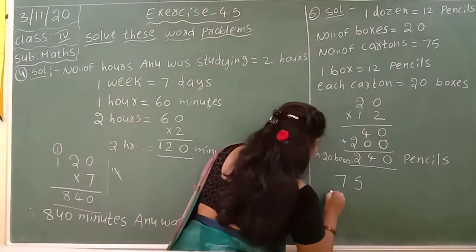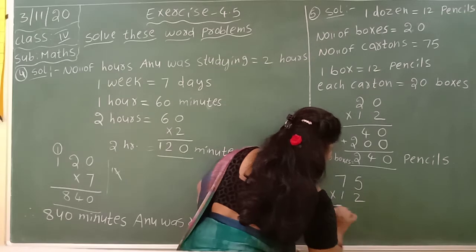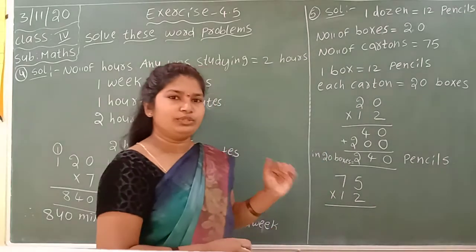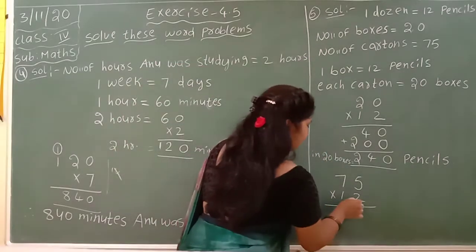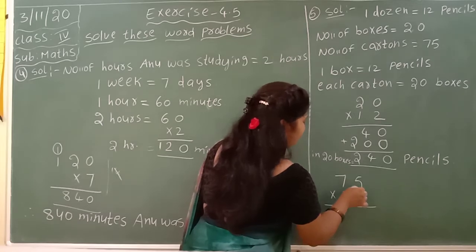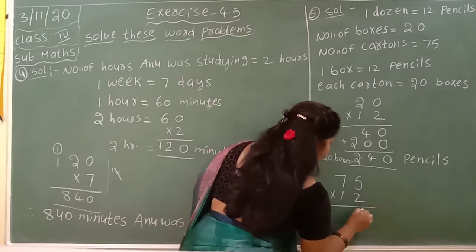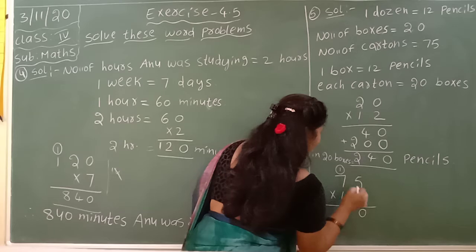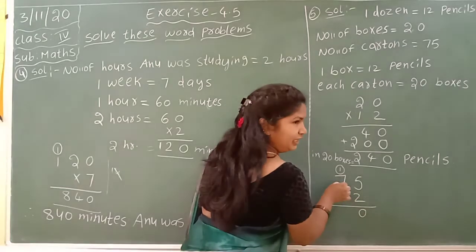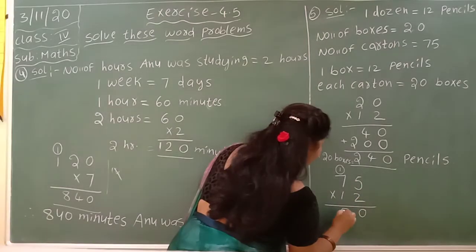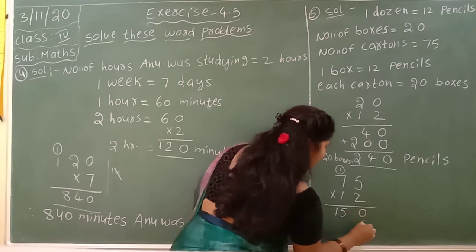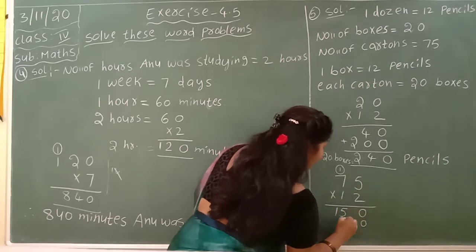Here also, first you do the ones place. 2 5s are 10. 0 here, 1 here. 2 7s are 14. 14 plus 1, 15. Ones place completed, keep 0. 1 5 is 5. 1 7 is 7.